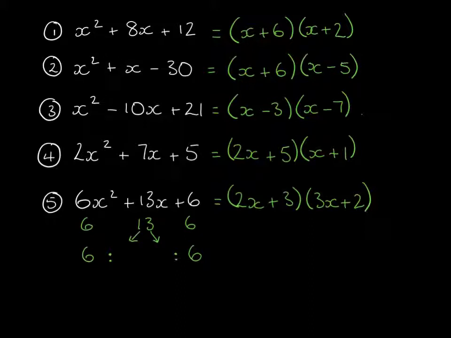Now the numbers are 4 and 9, and if they're not 4 and 9, sorry, they must be 9 and 4. The 6 always goes on the outside.